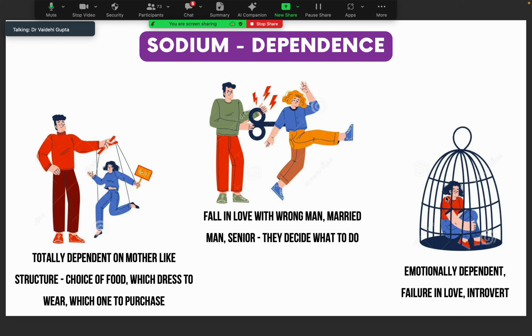They decide what to do because they are mature. So she wants dependence in her life, a person on whom she can depend. That's why they fall for the wrong man, a married man, a senior man, because they have experience and she just needs dependence. They are emotionally dependent because of column 1. There is a failure in love because she is falling in love with the wrong man. They are introvert.